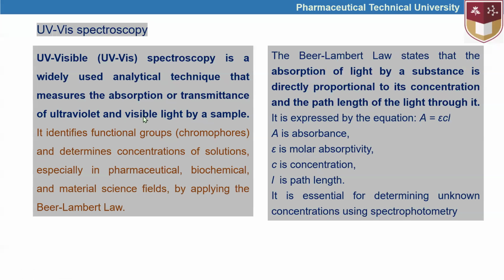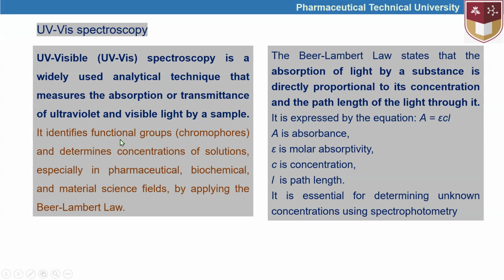As we said, it measures the absorption. After the absorption, some amount of the light transmits, and that light is detected based on the level of absorption. So the mechanism of this method is based on this process.